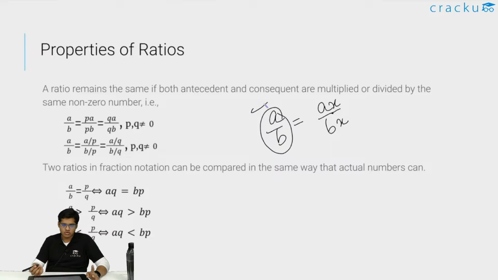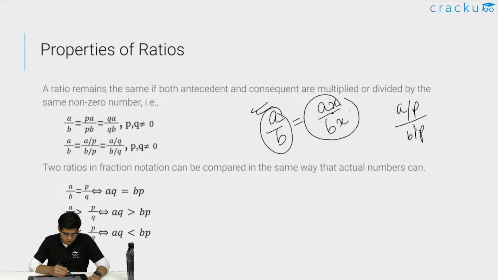There is no change. Similarly, if you divide by p, a by p over b by p, again the ratio will remain a by b. There won't be any change, provided x and p are non-zero, which is very important.